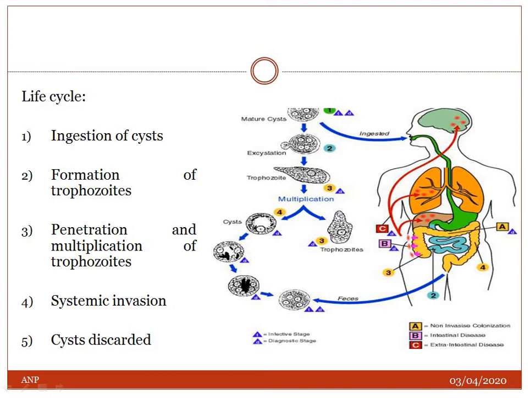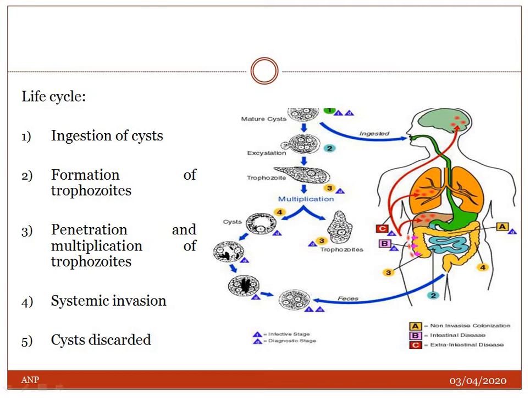So the first step, ingestion of cyst, where the cysts are ingested through feces-contaminated food or water. The second step is formation of trophozoite. Once the cysts enter the body, they pass into the lumen of the intestine where the trophozoites are liberated.